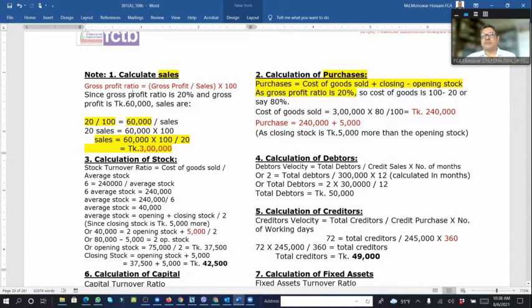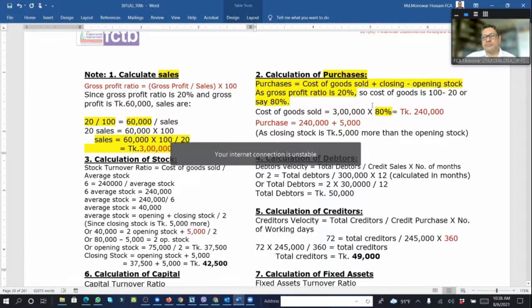If gross profit is 20%, then cost of goods sold must be 80%. So cost of goods sold is 80%, that is 80 divided by 100. Then cost of goods sold is 80% of 3 lakh.